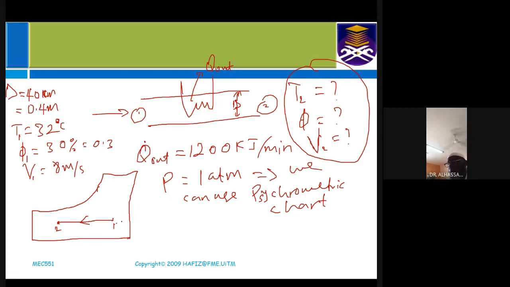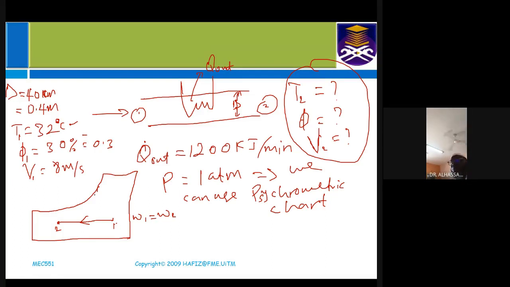Now, this tells us that since omega 1 equals omega 2, if we are able to determine the omega at state 1 with the help of the temperature and then the relative humidity, then we can find the omega at state 2. Okay?